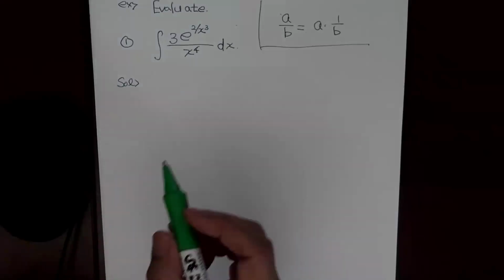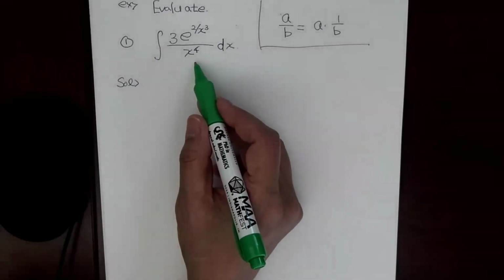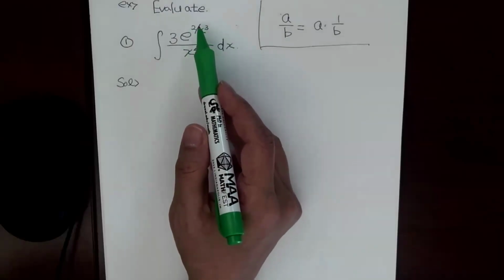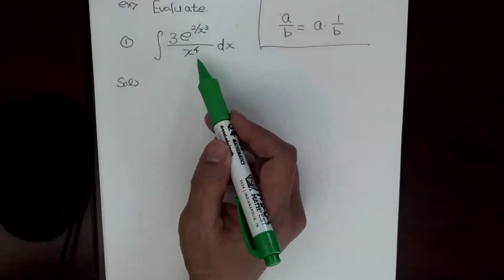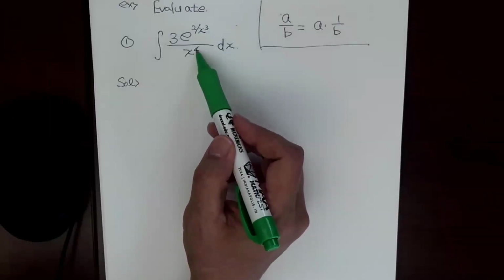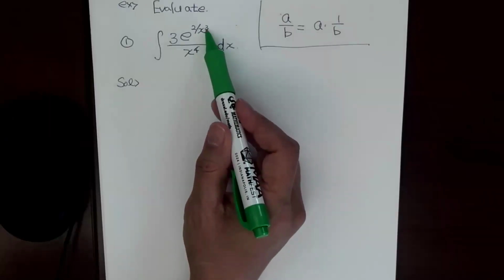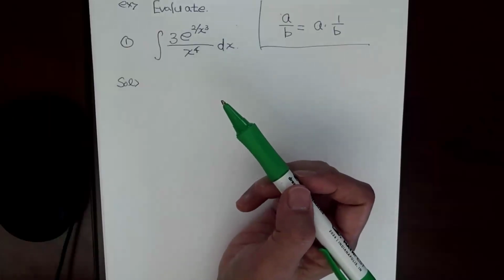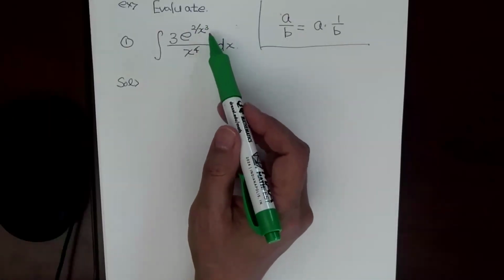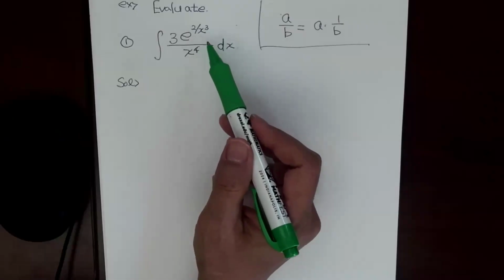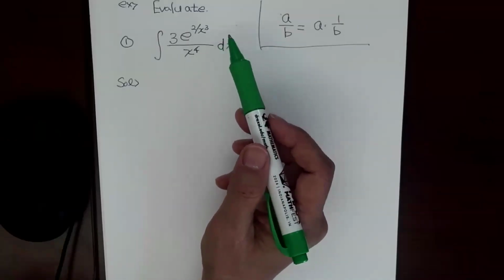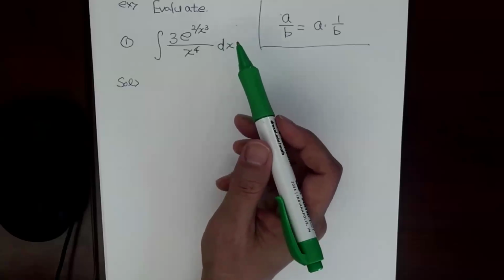In the denominator, we have x to the 4th power. In the numerator, we have e to the fraction power. What you can see is this degree is 1 more than this one. And x cubed is in the denominator. So if you differentiate that, then it would be something to do with 1 over x to the 4th power, right?